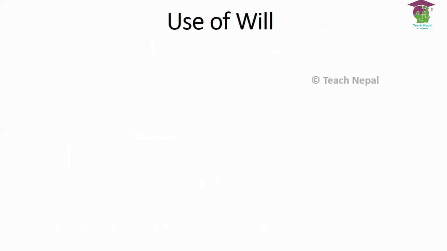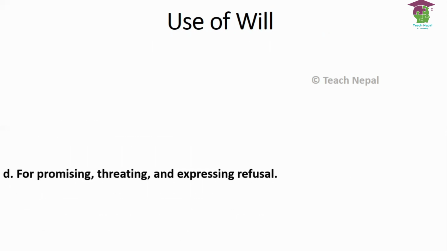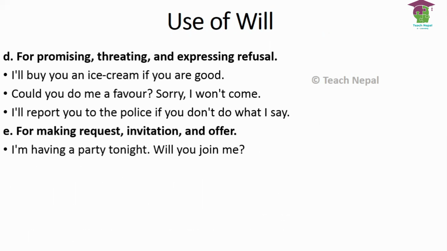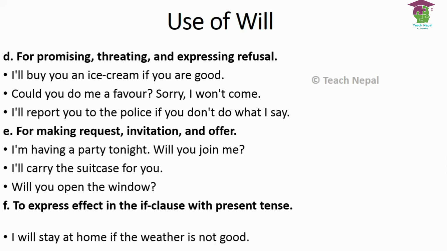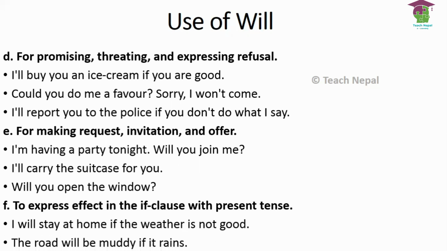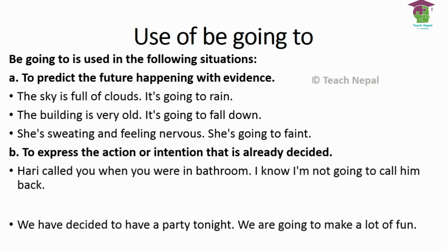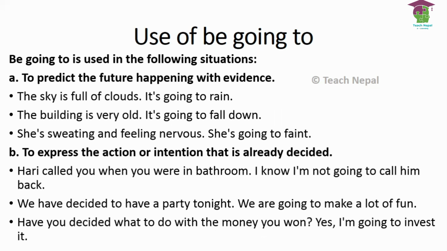This way हामी चाहिँ probably, right, perhaps, I think, with these things we use will, right? And going to भनेको चाहिँ almost for the planned decision, or prediction with evidence को लागि पनि use गरिन्छ going to चाहिँ, to predict the future happening with evidence. For example, the sky is full of clouds, it's going to rain.